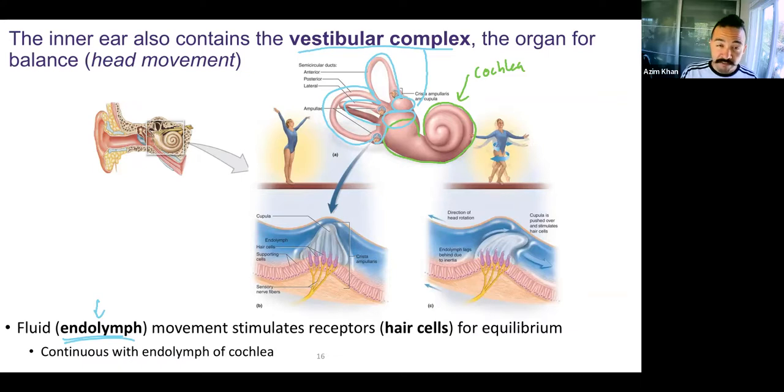Fluid movement, endolymph movement, stimulates hair cells. And stimulation of these hair cells isn't for hearing, it's for sensing head movement. So it's really weird and interesting that we can use the same exact receptor type for a completely different sense. One is detecting movement of sound waves, one is detecting head movement.